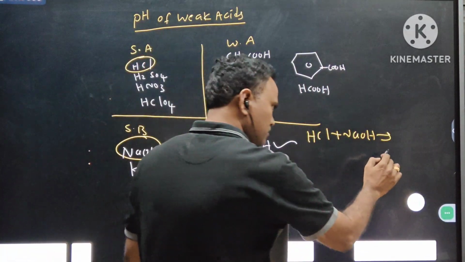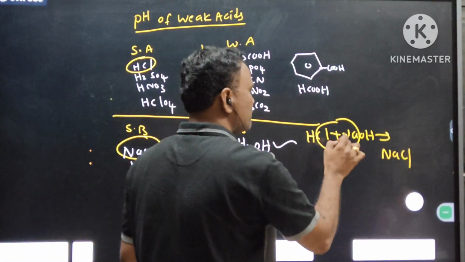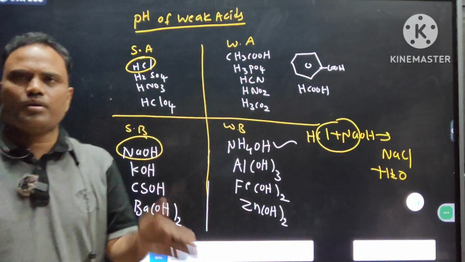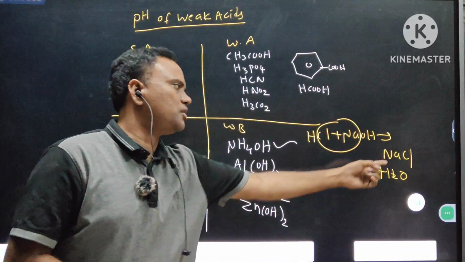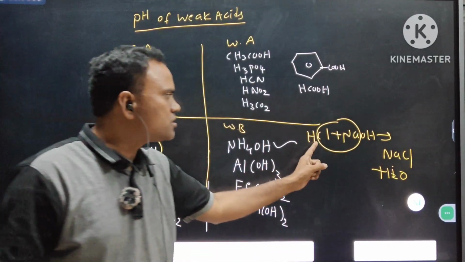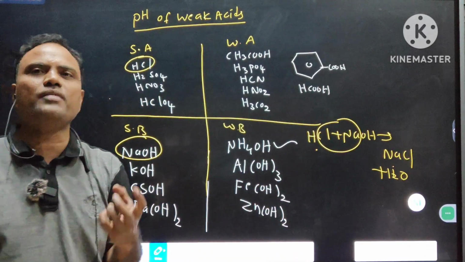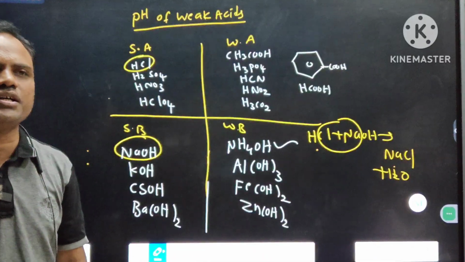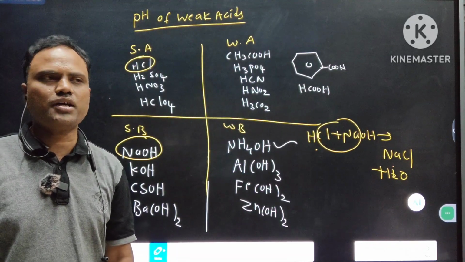You will get NaCl, and H and OH form water. From the acid and base, remove the water molecule and write the formula. This is called a salt of strong acid and strong base. So NaCl is a salt of strong acid and strong base.